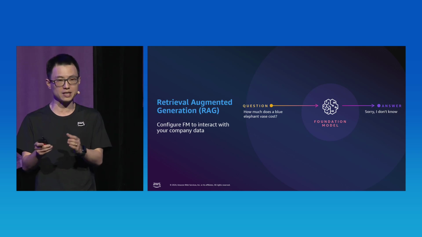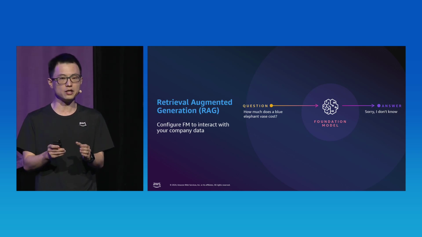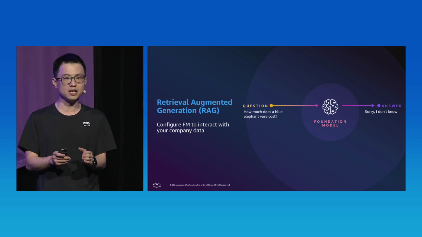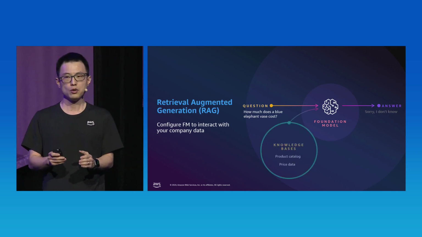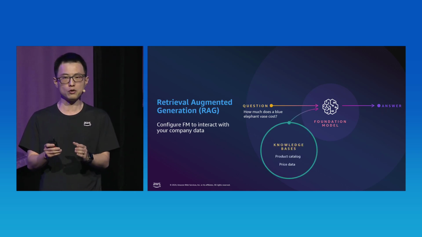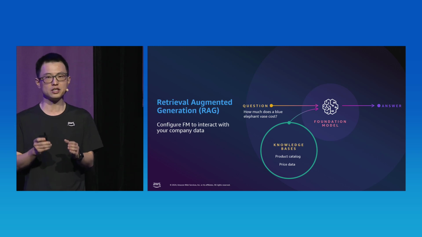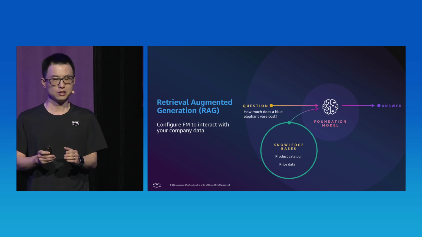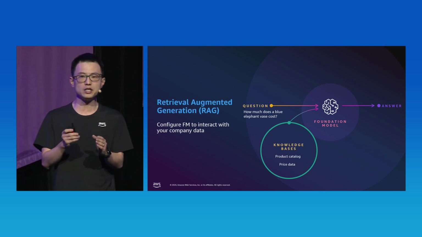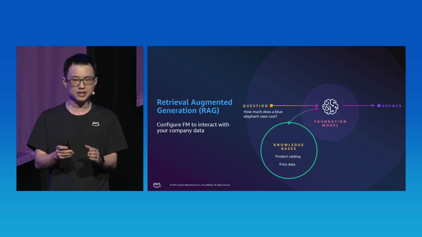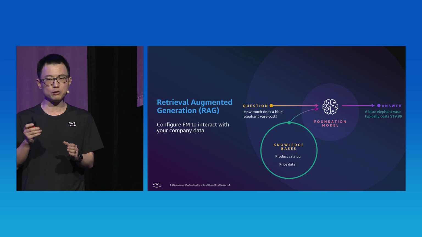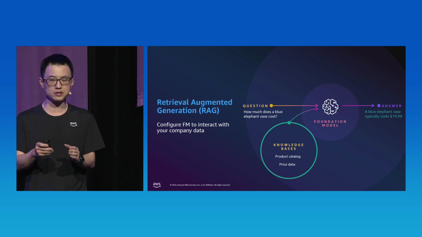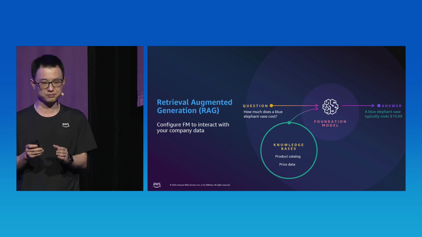To augment the capability of the foundation model, we usually use a framework called Retrieval Augmented Generation, RAG. Using RAG, you can integrate your knowledge base into the foundation model, and then it can answer questions specific to your knowledge base.